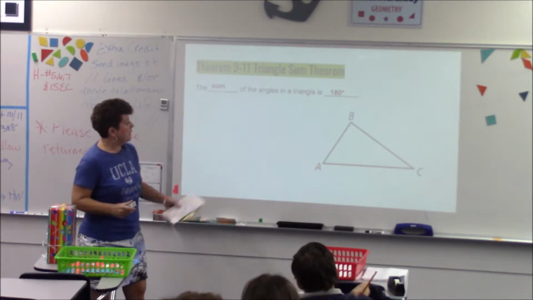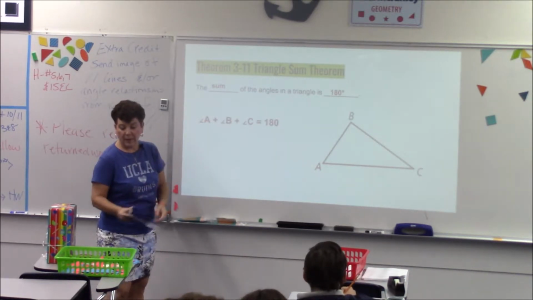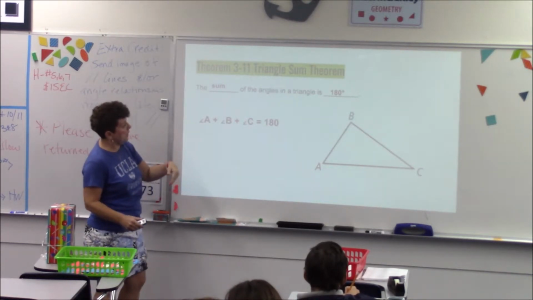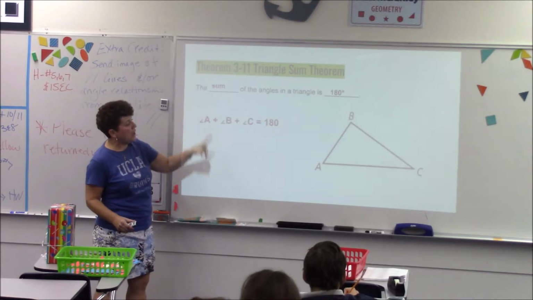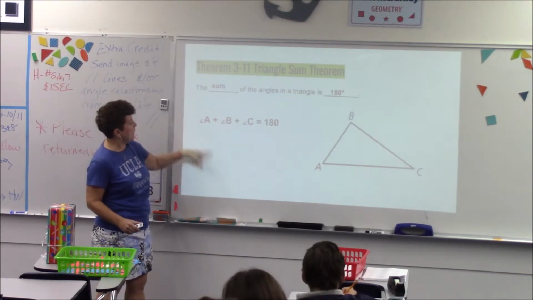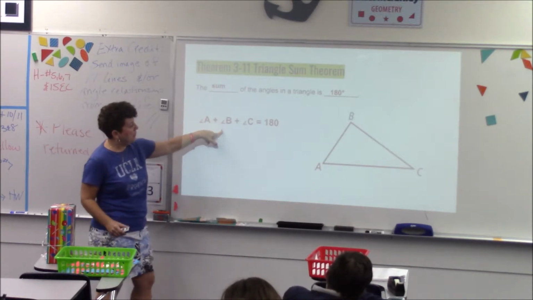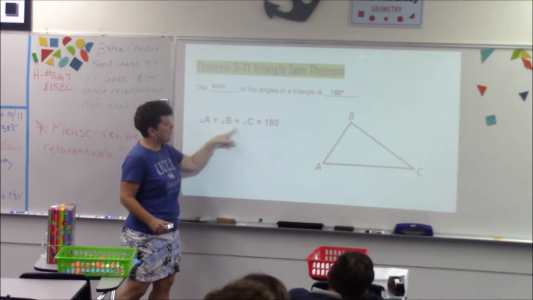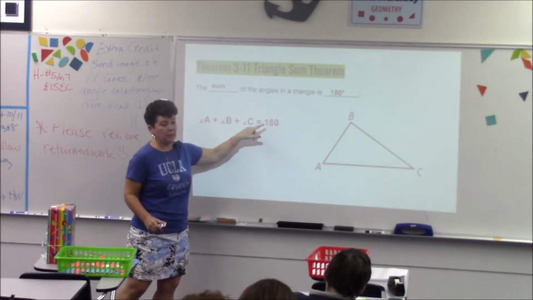Now, this is going to be used a ton in this chapter and for many chapters to come. So what this means is when I add up all 3 angles, for this triangle I have angle A plus angle B plus angle C. When I add those up, I will get a total of 180.